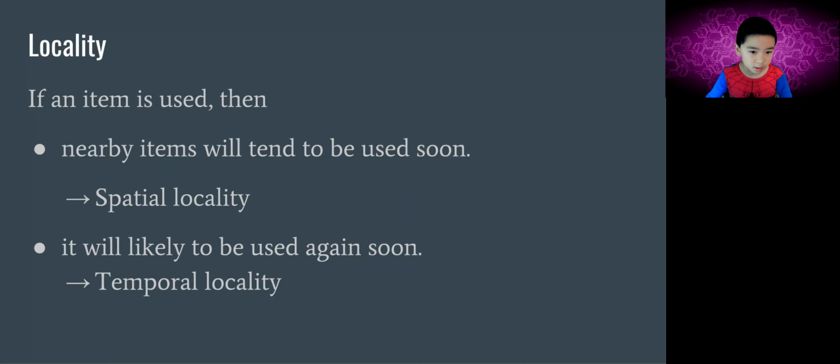The concept behind that is called locality. Basically, it means if an item is used by CPU, then two scenarios are most likely to happen next. First, this item will likely be used again very soon. This is called temporal locality. Second, the nearby items will tend to be used soon.